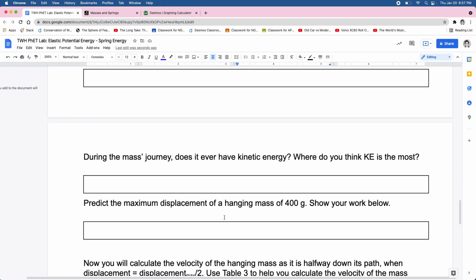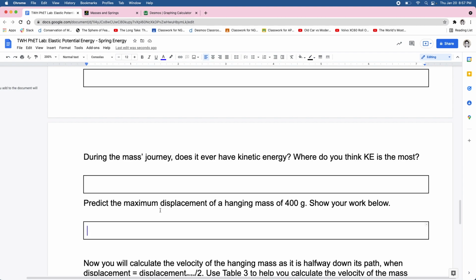One of the things that I skipped over was predicting the maximum displacement of a hanging mass of 400 grams. This one is going to require a little bit more work, but on the iPad.